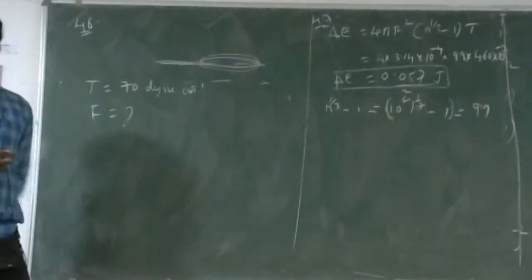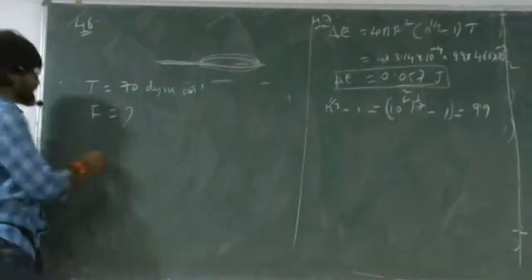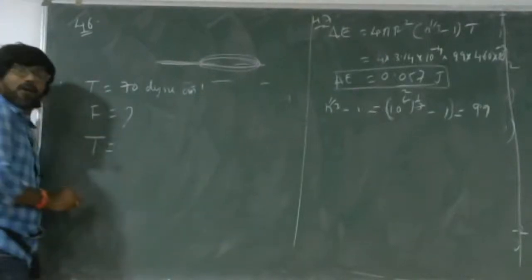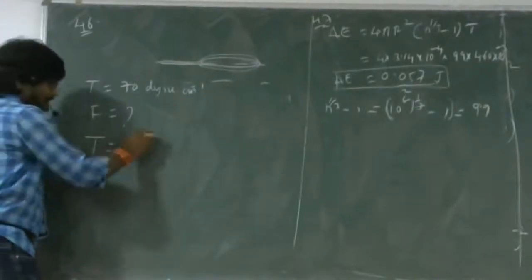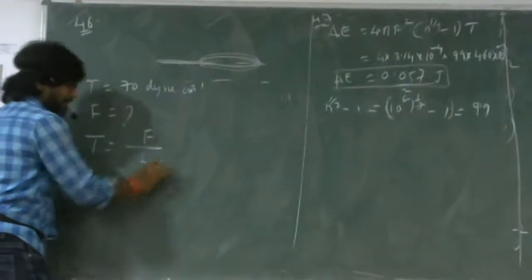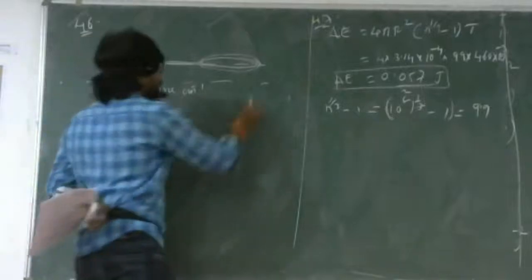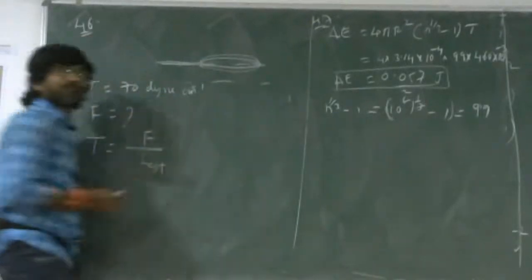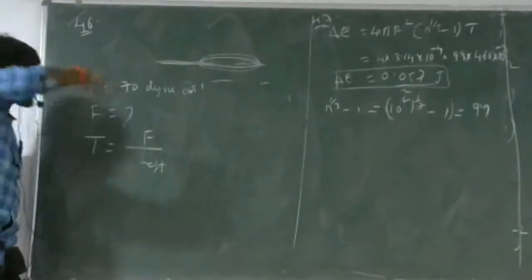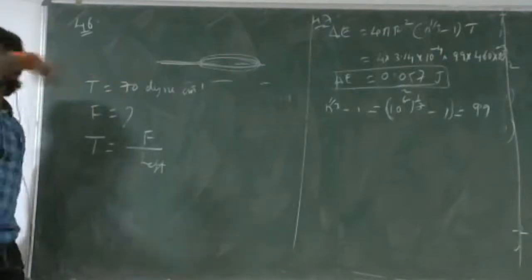Here you should remember the definition of surface tension. T is equal to force per unit length, and this length you have to take as effective length. We have a ring. The inner edge will be in touch with the liquid, and the outer edge also will be in touch with the liquid.